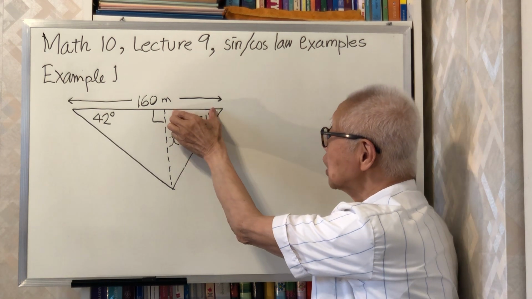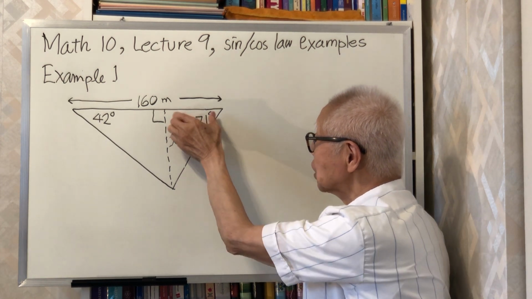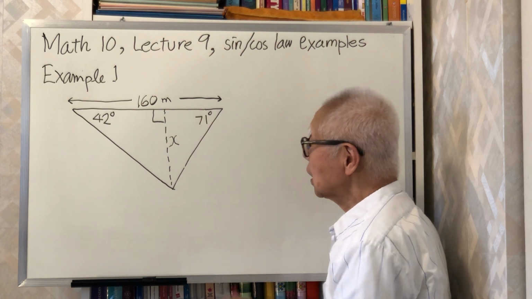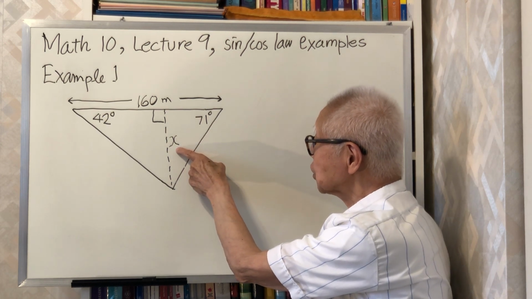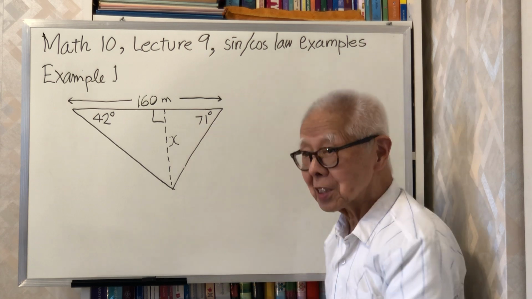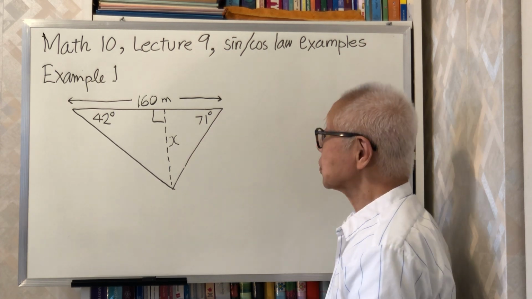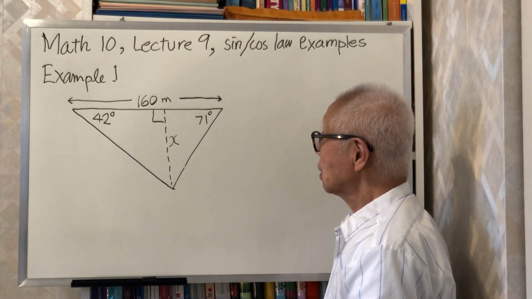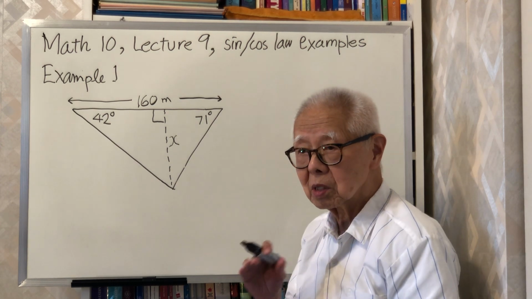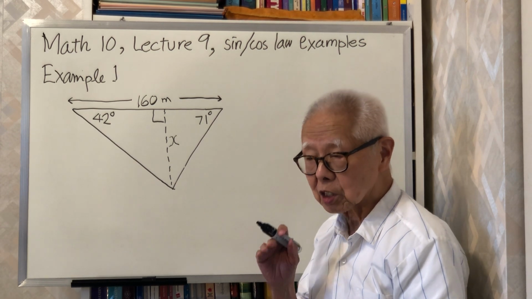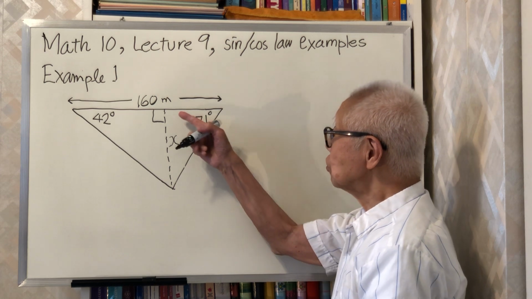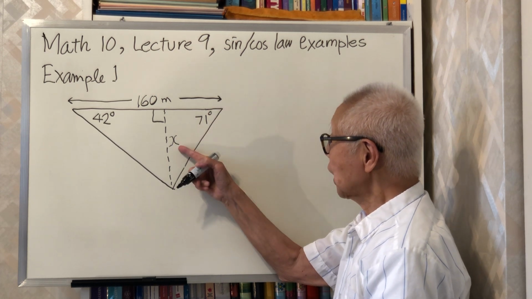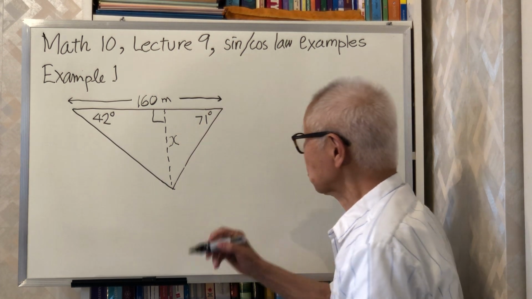But I want this length, so this length is x divided by tangent 71 degrees. Let me give you the detail of why this side is x divided by tangent 71 degrees.